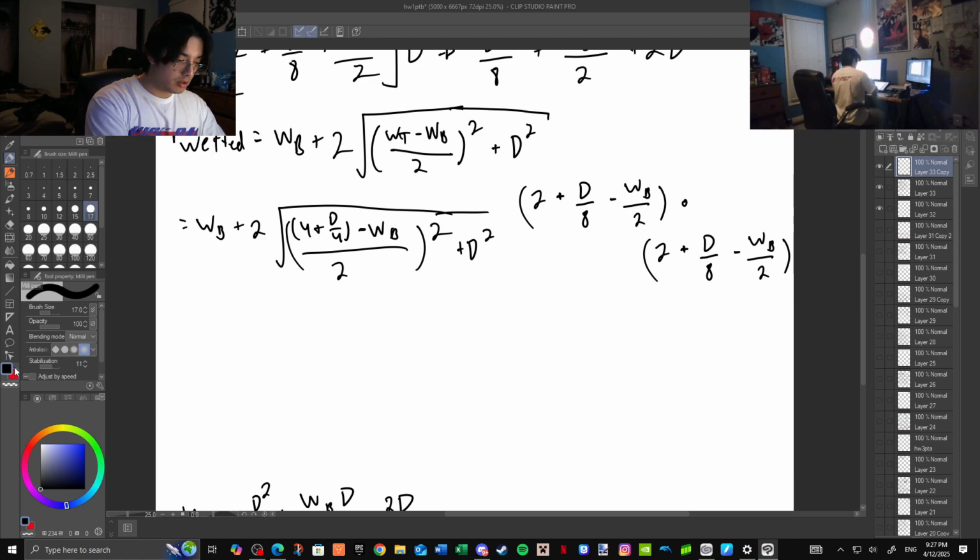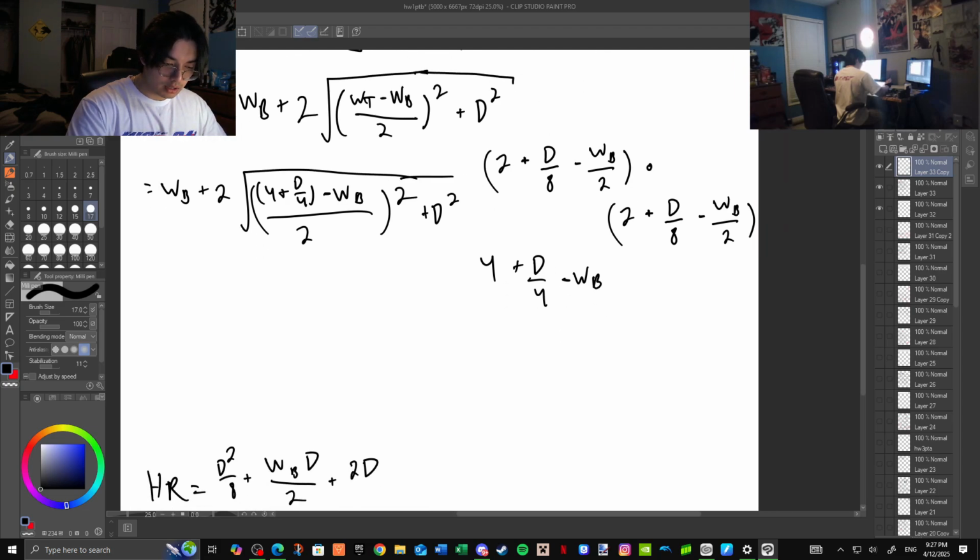Okay, so we have 2 times 2, which is 4. Times 2, 4. This would be D over 4. This would be minus WB. The next part is D over 4 plus D squared over 64 minus WB D over 16.